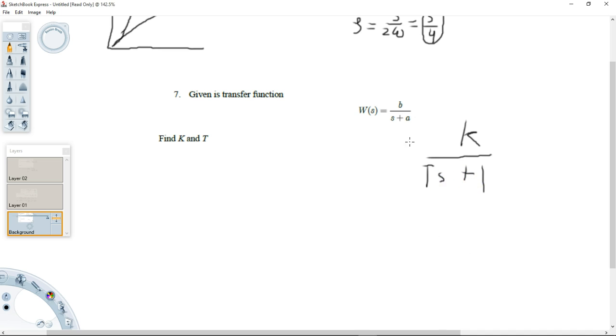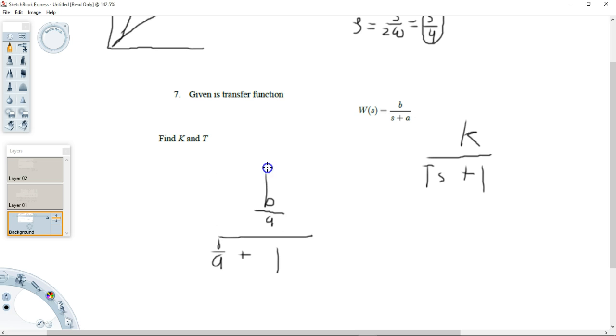So to get that in this form, all you need to do is divide the a right here by a, divide b by a, and divide 1 over a, so that you can get the necessary 1 here to make this into the model. So you have b over a over 1 over a s plus 1.